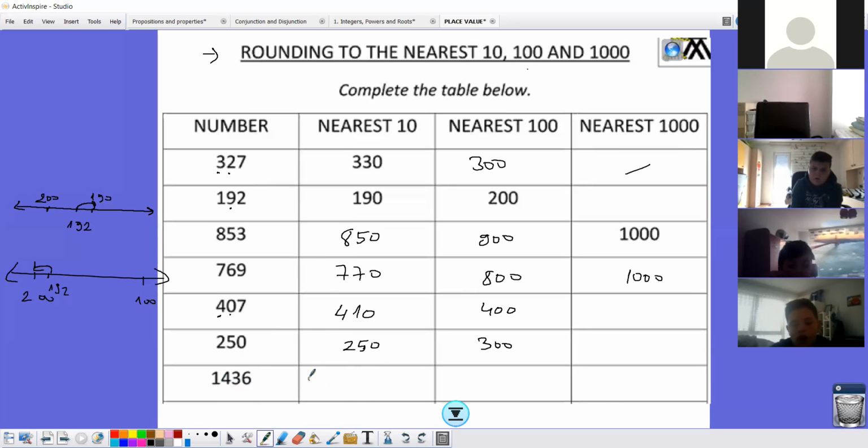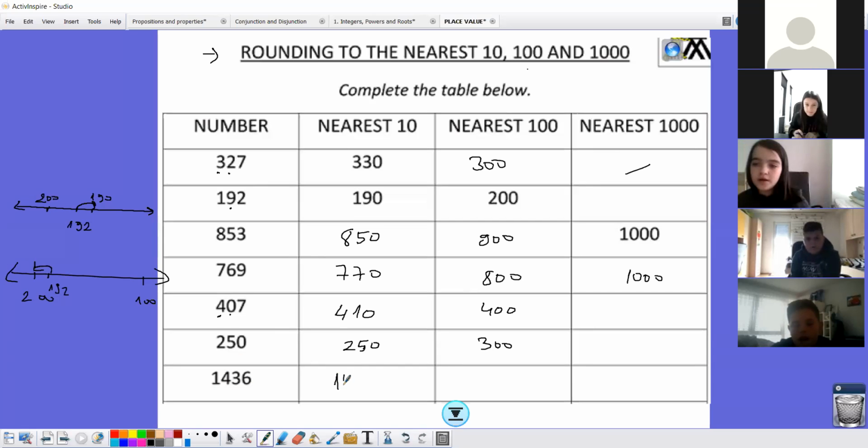The nearest 10 is 1440. Nearest 100? 1400. And nearest 1000? 1000. Okay.